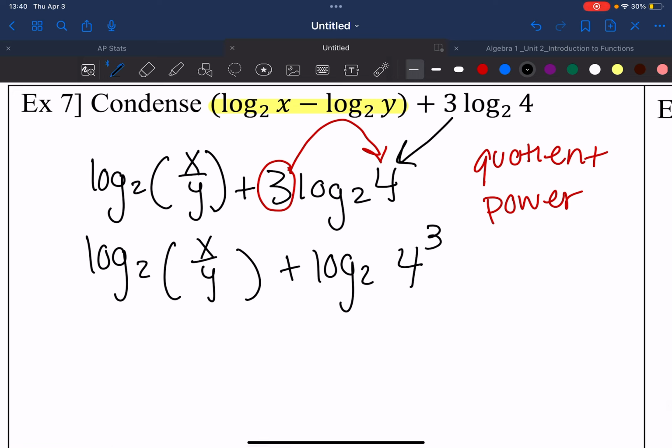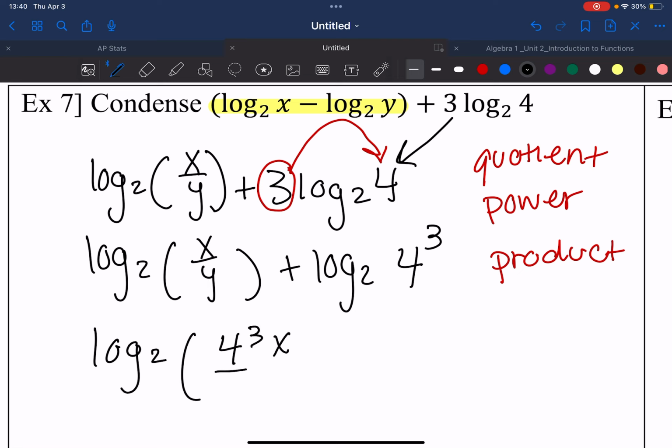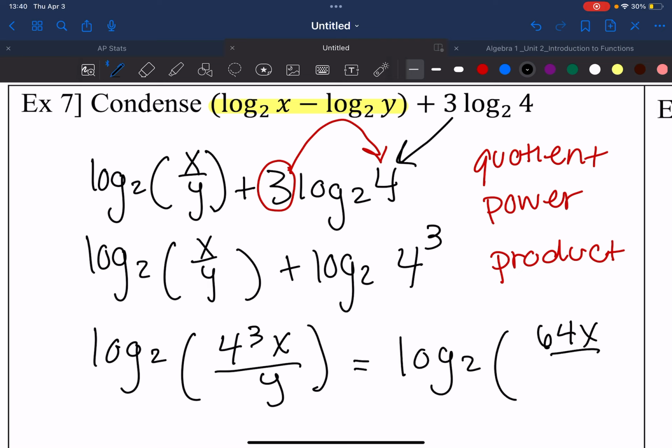And then because of that plus sign, I know I'm using the product rule and turning this into multiplication. So this is log base 2 of 4 cubed x over y, which can simplify to log base 2, 64x over y. That's my answer.